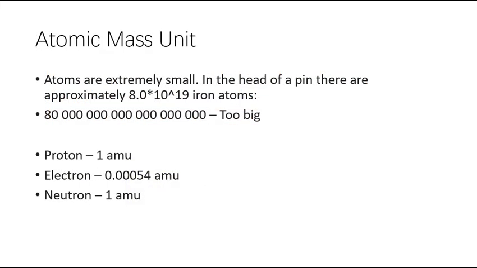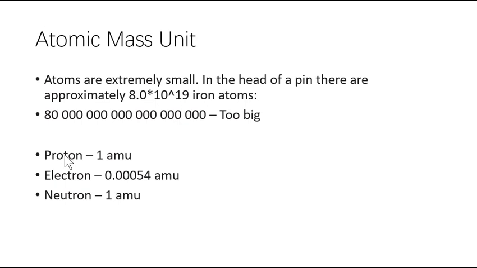Given that atoms are extremely small, scientists agreed to use the atomic mass unit to represent the mass of an atom. The atomic mass unit is defined as 1/12 of the mass of a carbon-12 atom. After meticulous experiments and calculations, scientists have determined that one atomic mass unit equals 1.66 times 10 to the power of negative 27 kilograms.